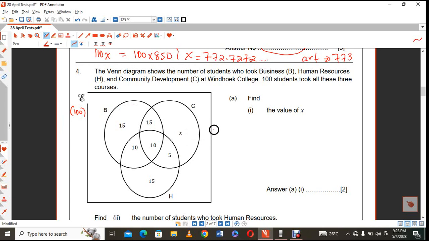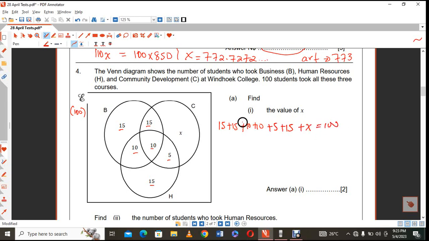So what you need to do is add all of these values here, with the X. You add them all up and you let that equal to 100. So basically it's 15 plus 15 plus 10 plus 10. I'm writing it out so that maybe you can get it.